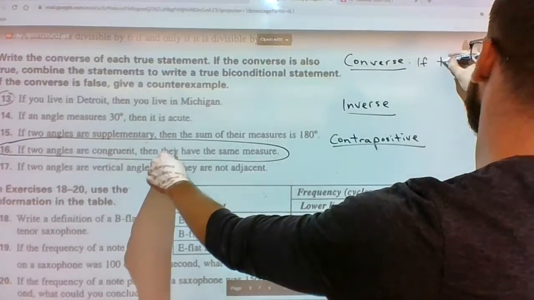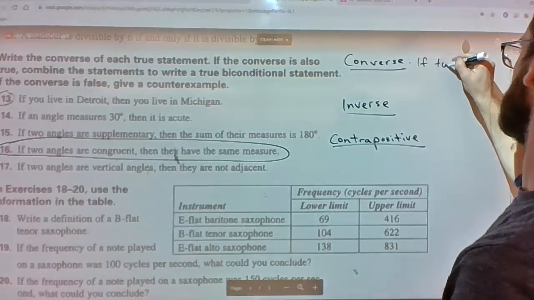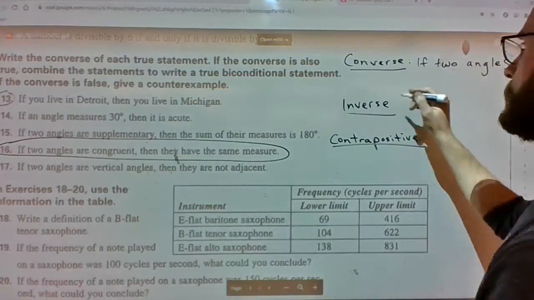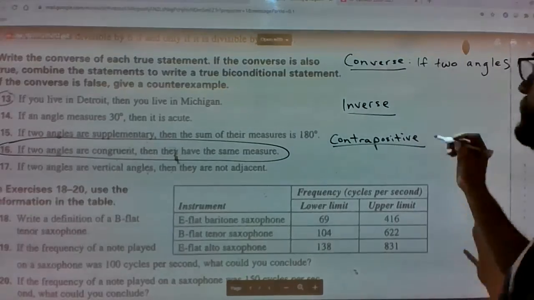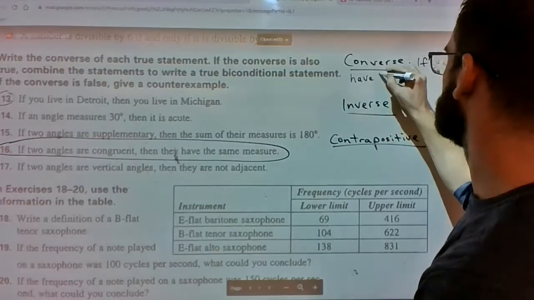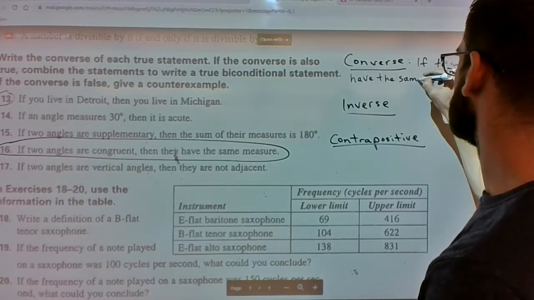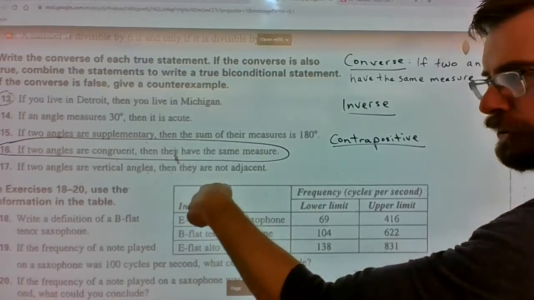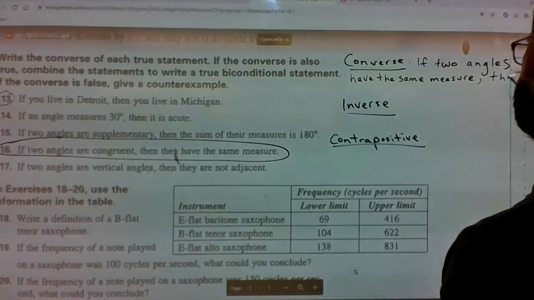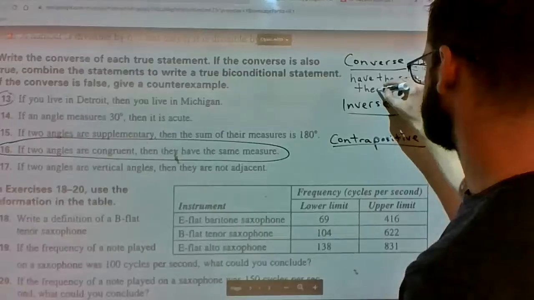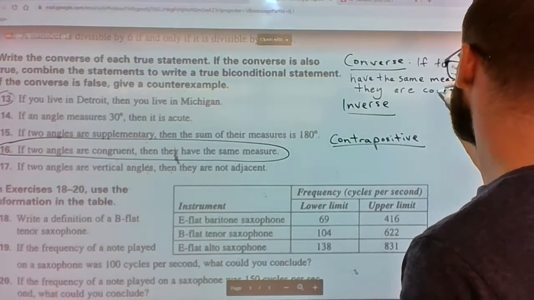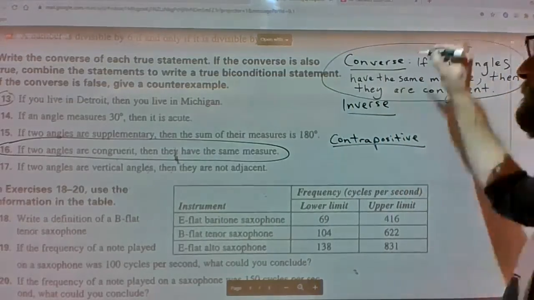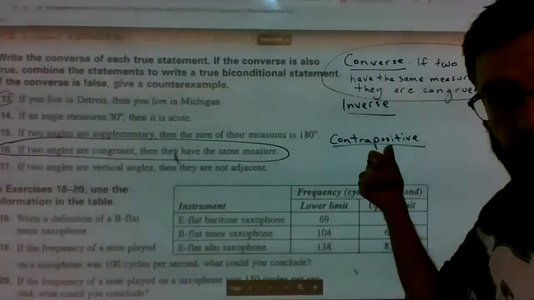If two angles have the same measure, then they are congruent. There's my converse. Which, by the way, that's a true statement.